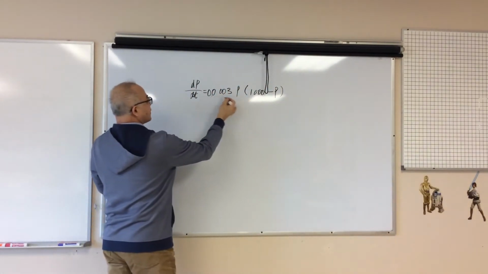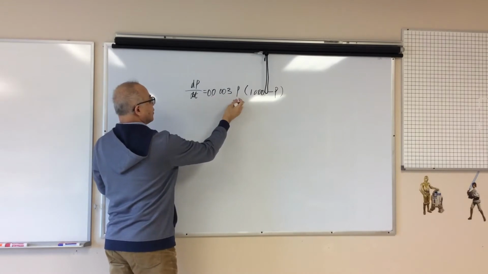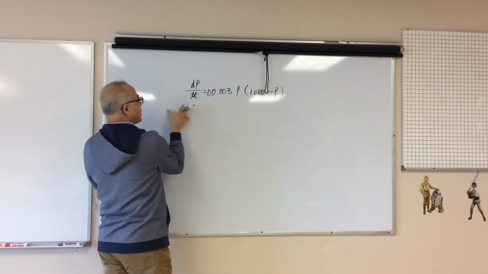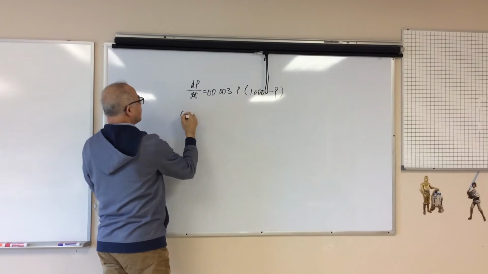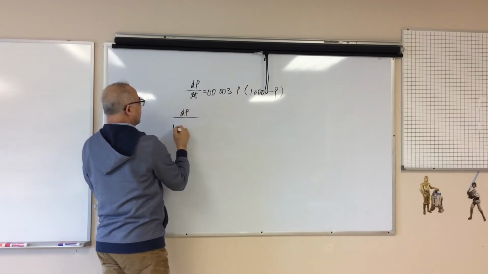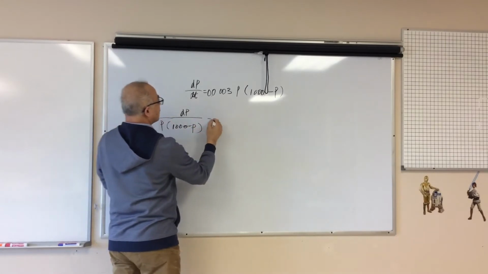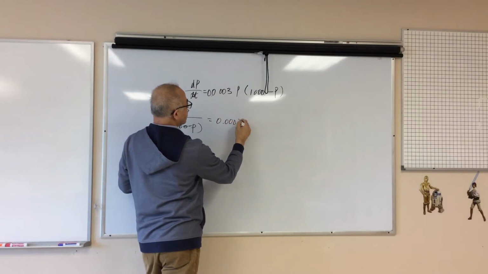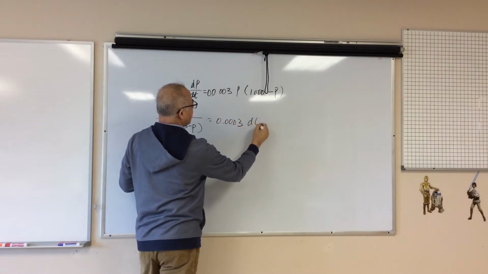I'm going to leave the k term here, put these two underneath, and move the dt over. So dP over P(1,000 minus P) is equal to 0.0003 dt.